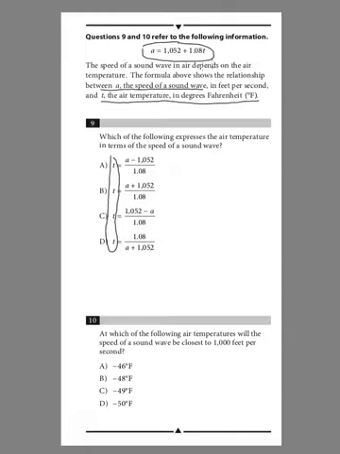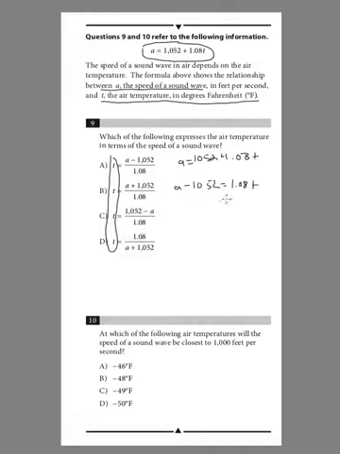This is easy. We can just drag this equation back down here. A is equal to 1052 plus 1.08t. All we want to do is isolate this t. So we subtract 1052 on both sides: A minus 1052 is equal to 1.08t.